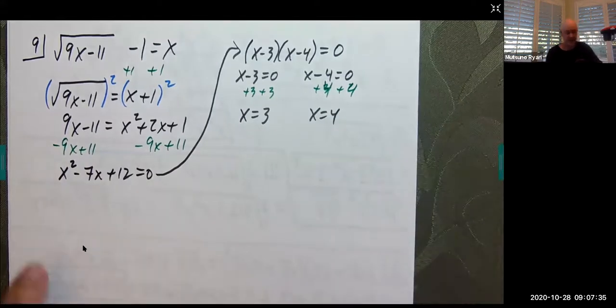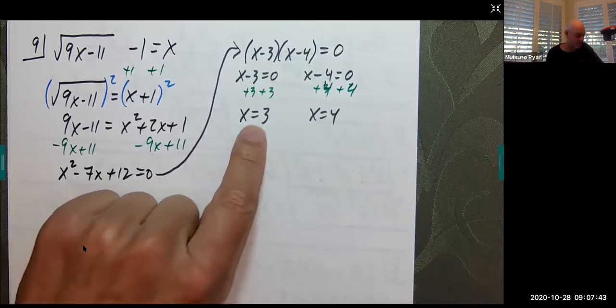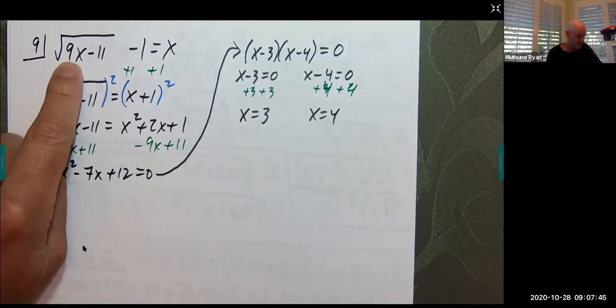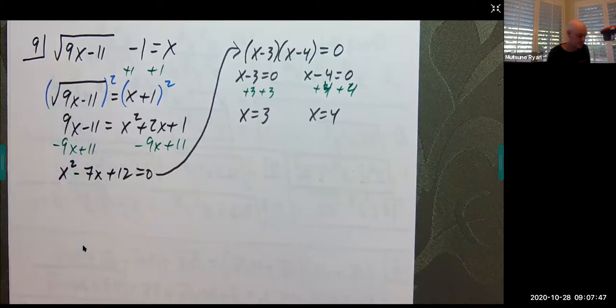Now we do need to check this. When we square both sides, we're actually slightly altering it potentially. So we need to make sure that we're good to go on this. So when I plug 3 in there, 27 minus 11 is 16.